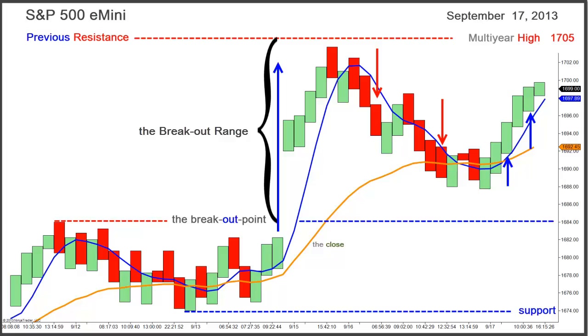In the context of today's close, at or near 1700, range extension above the current multi-year high could see the S&P auction up to 1715, 1720. However, it should be pointed out that the high remains resistance until penetrated.